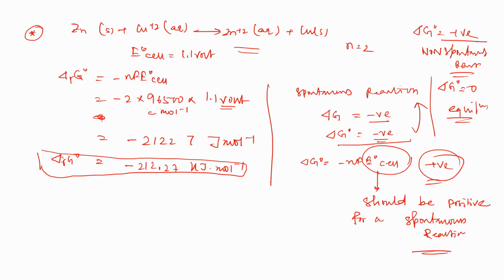Just calculate the E0 cell: E0 cell equals E0 R minus E0 L. If it is positive, it is a spontaneous reaction. When it gives a negative value, it is non-spontaneous. When it goes to 0, that is the equilibrium.